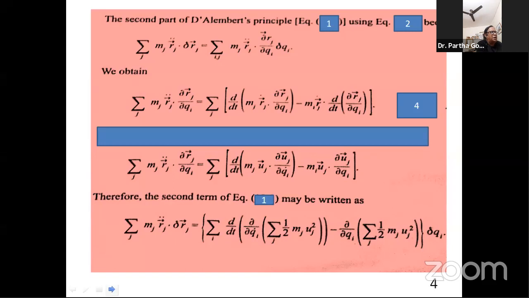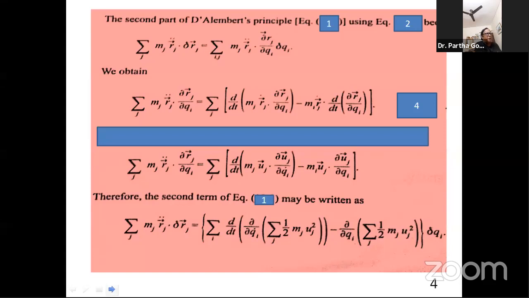And then noting that rj dot is uj, I have arrived at the equation below the blue bar, and finally I write in the left hand side of the equation, let's say 4, which is mj rj double dot dot product with delta rj summed over all j equal this quantity.